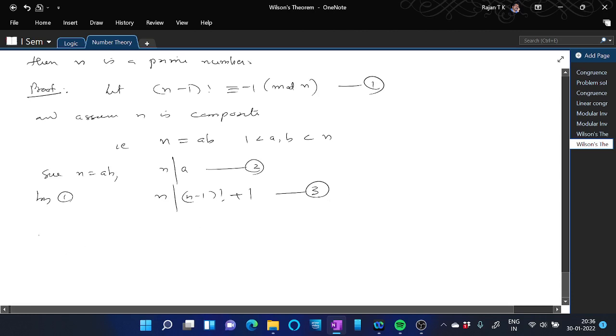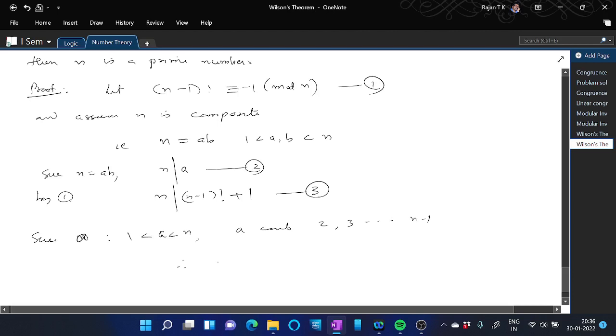Now since A is such that it is between 1 and n, that is, 1 less than A less than n, A can be 2, 3 up to n minus 1, any one of these integers.